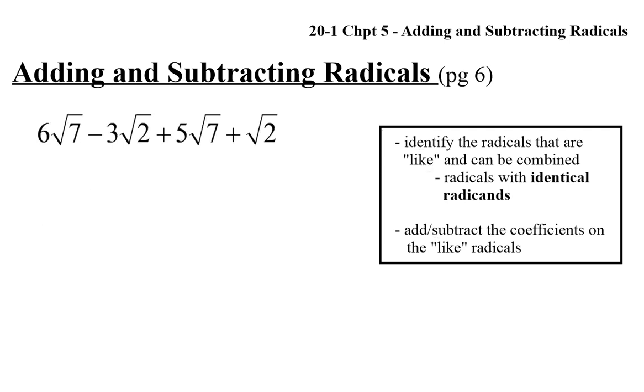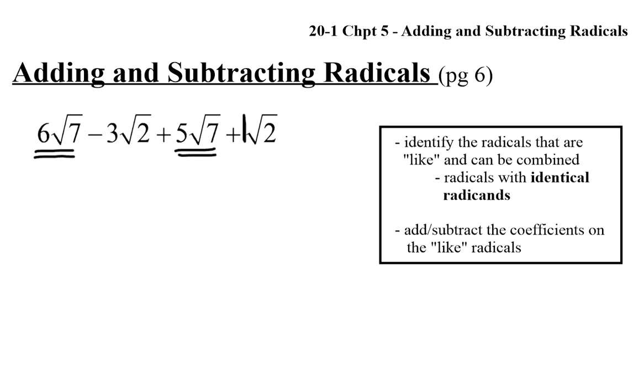So let's take a look at the next one. 6 root 7 minus 3 root 2 plus 5 root 7 plus root 2. Well, first thing I want to just show is don't forget that this has a coefficient of 1 if that helps you. 1 root 2, same thing. So identify the like radicals, or radicals, means the ones with the same radicands.